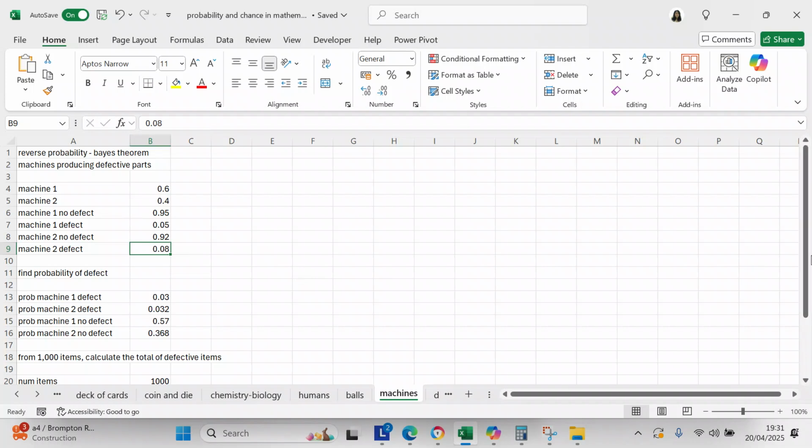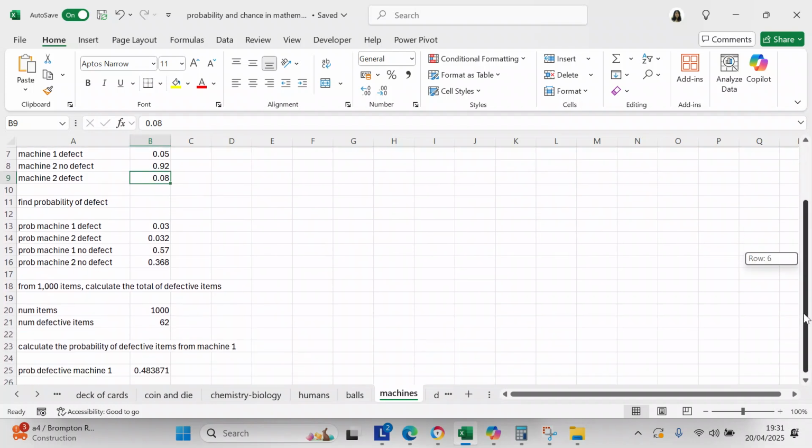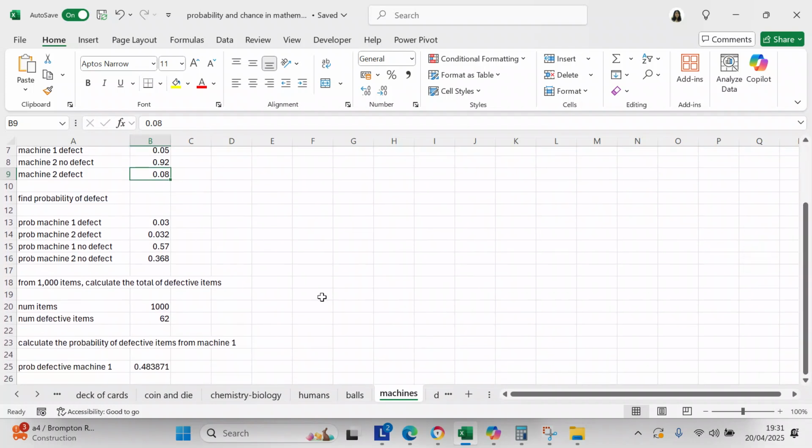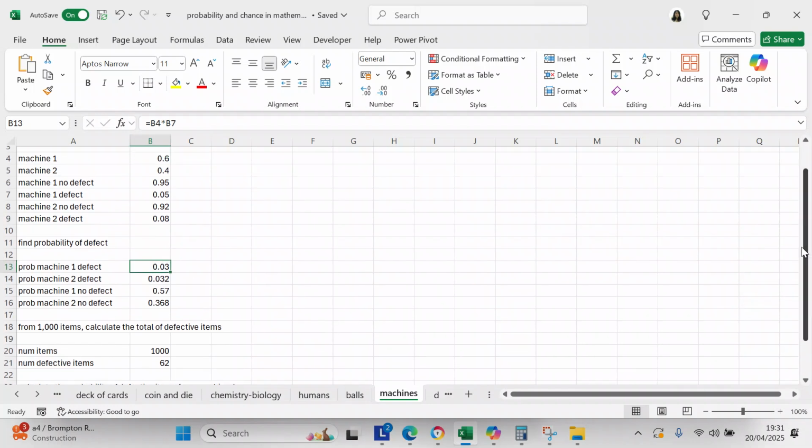So now we find the probability of a defect. Probability machine 1 defect equals B4 times B7. So that's 0.03. Probability of machine 2 defect equals B5 times B9, which is 0.032.